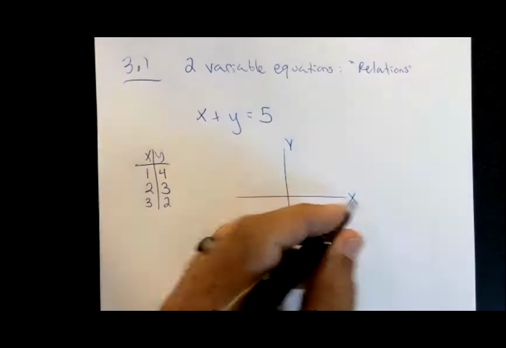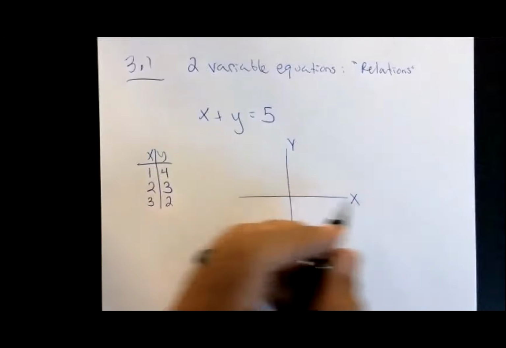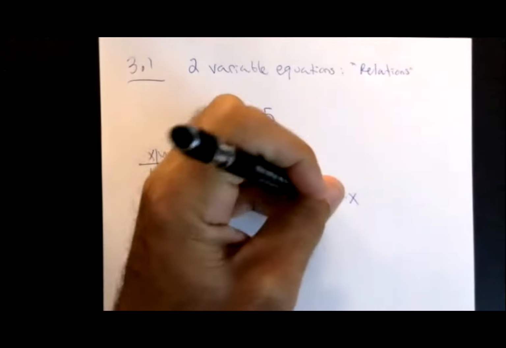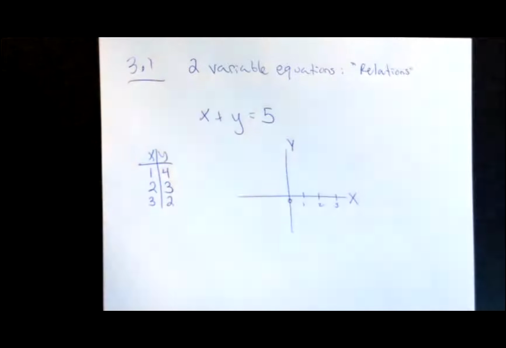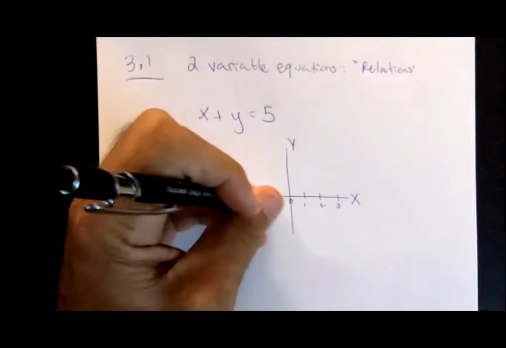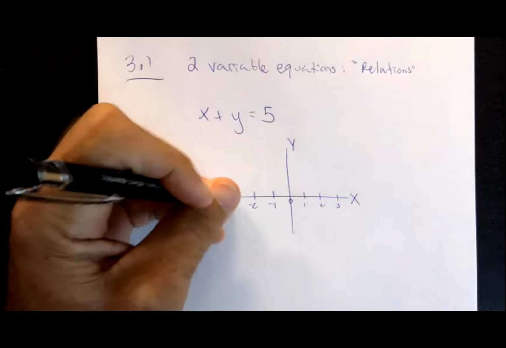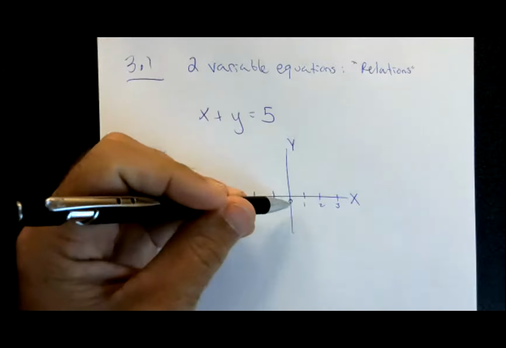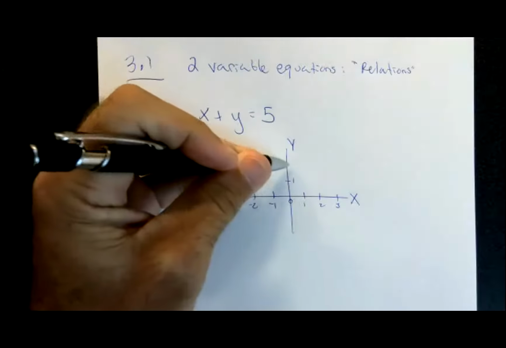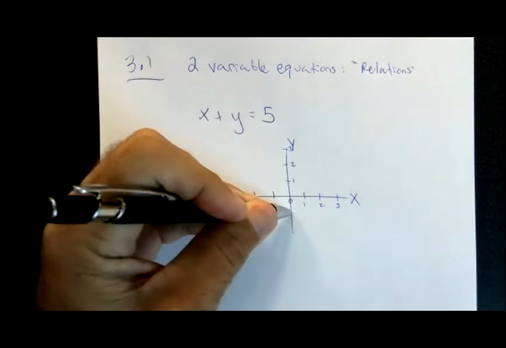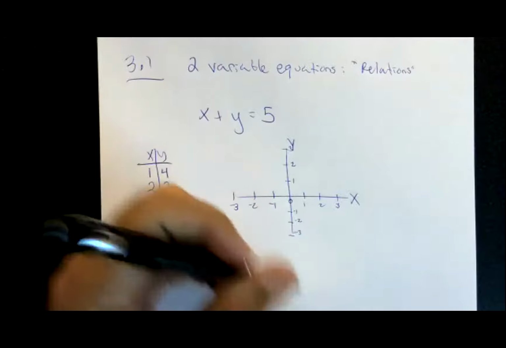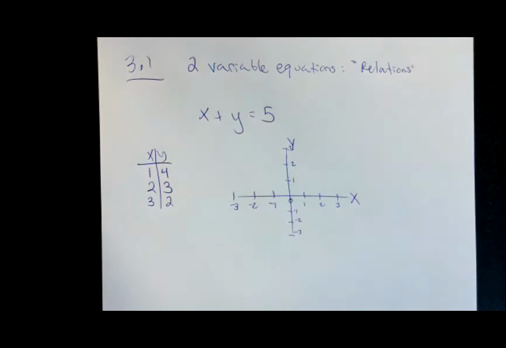And in math, your x-axis is your horizontal axis, with 0 being here in the middle, and then your positive numbers going to the right, negative numbers going to the left. Y is your vertical axis, with again 0 being in the middle, positive numbers going up, negative numbers going down. And these extend infinitely in all directions.